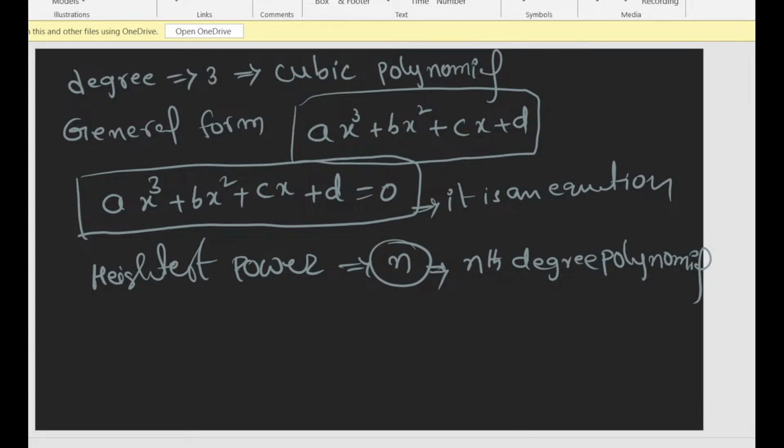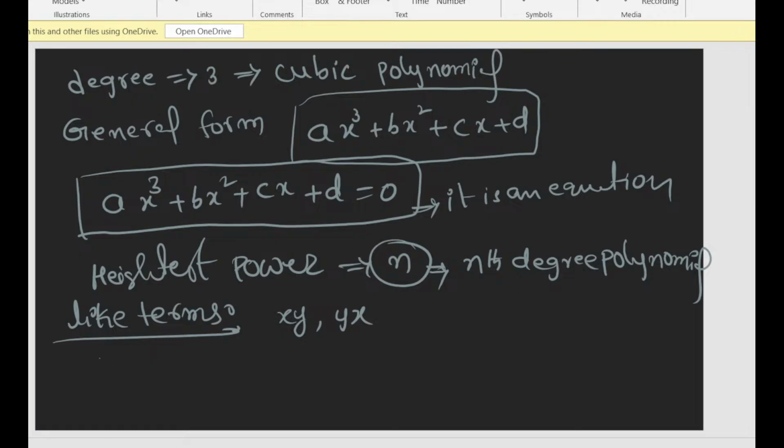Now look at, you just have to remember what a like term is. If, for example, xy and yx, the same variables and the same degree, the power also the same, then we can say these are like terms.